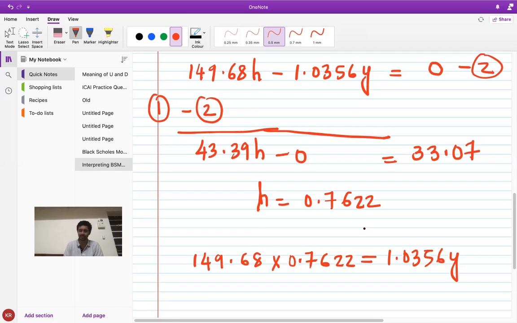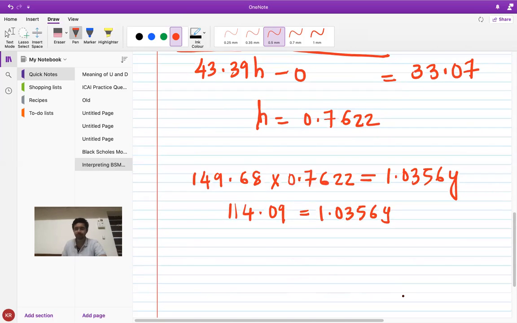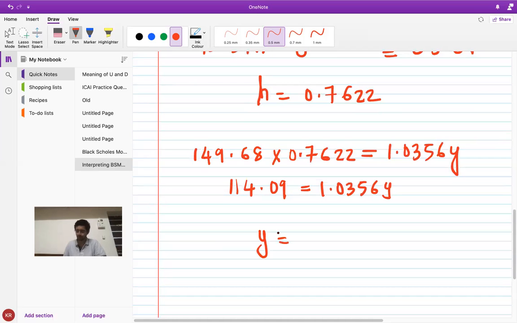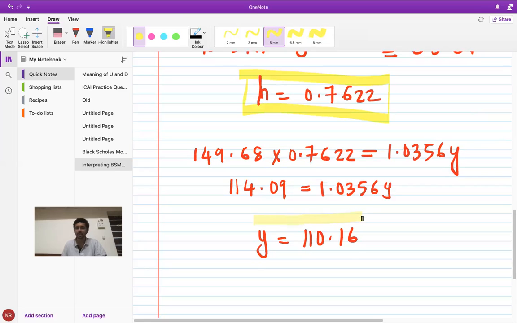149.68 into 0.7622 is 114.09, which is equal to 1.0356y. Y is therefore equal to 110.16. So h is equal to 0.7622 and y is equal to 110.16.